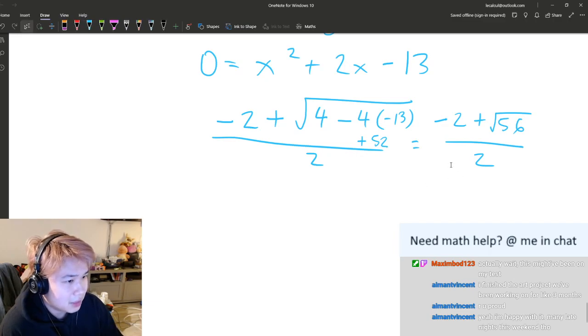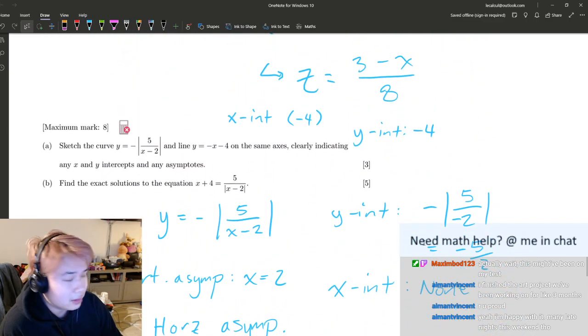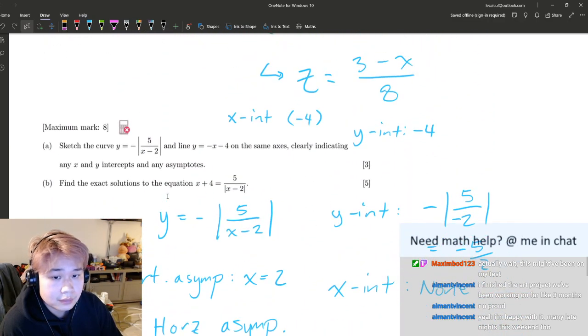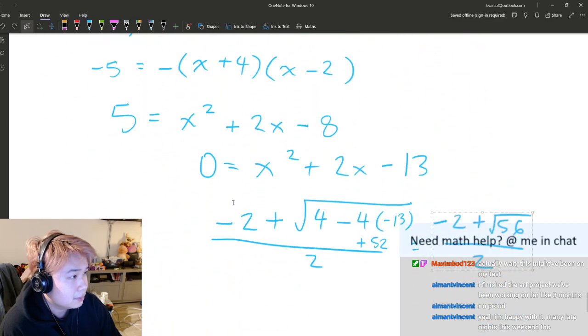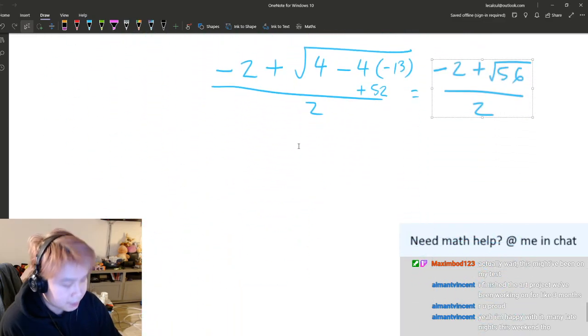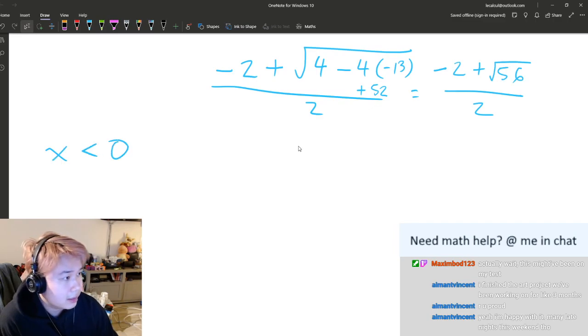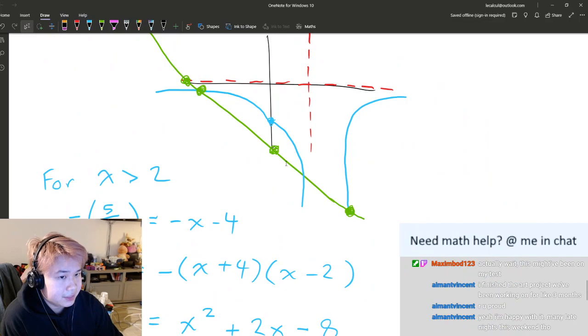Okay, so here's your first x value of your intersection. So that's one solution. And then we need to repeat this process for the other side, when x is less than 2. So that's over here.